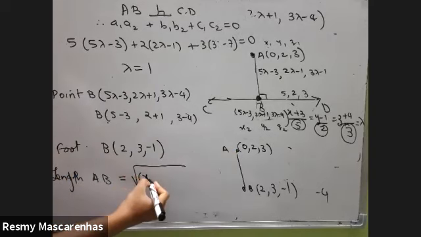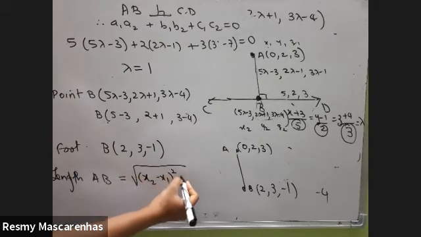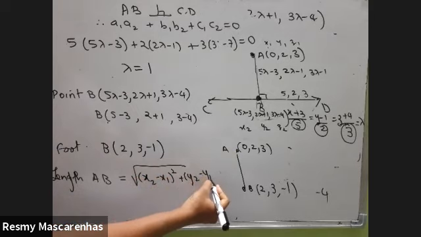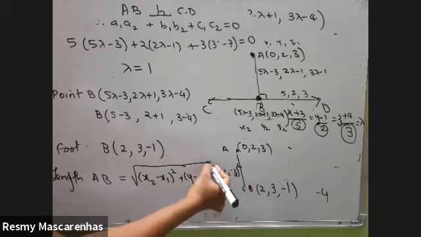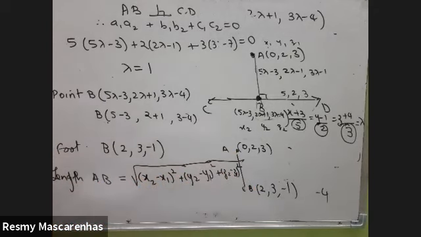Distance formula is the square root of x2 minus x1 the whole square, plus y2 minus y1 the whole square, plus z2 minus z1 the whole square. So A is x1, y1, z1, and B is x2, y2, z2.